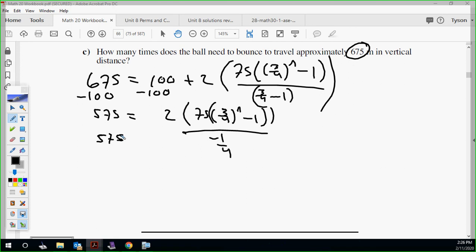Negative 71, okay. 72, yeah, I got it now. So negative 72. So the reason I got negative 8 is 2 over negative 1/4, because 2 divided by negative 1/4 is flip and multiply. So 2 times negative 4 over 1. So I just divided that there. And then now we have 75 times bracket 3/4 to the n minus 1. And see, we're going to divide the 75 now.